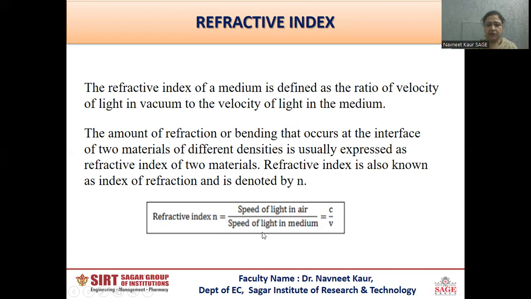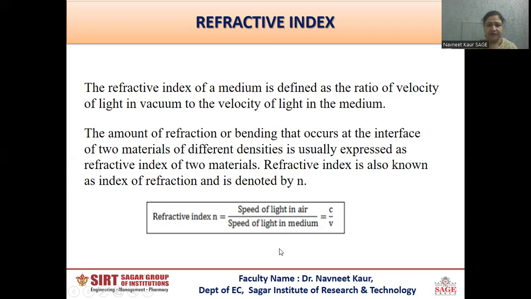According to this equation, if the refractive index of the medium is high, the velocity of the light in that medium will be less. Whereas if the refractive index of the medium is less, the velocity of the light in that medium will be high, because the speed of the light in air is fixed. It is constant at 3 × 10^8 meters per second.